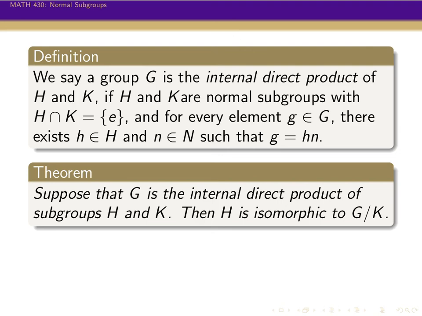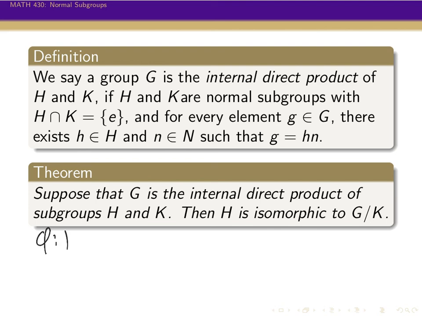And so what's the importance of this? Well, if you know that G is an internal direct product of two normal subgroups H and K, then that means that H is going to be isomorphic to G modded by K, the quotient group G mod K. And so just a quick map here, the isomorphism is very straightforward.